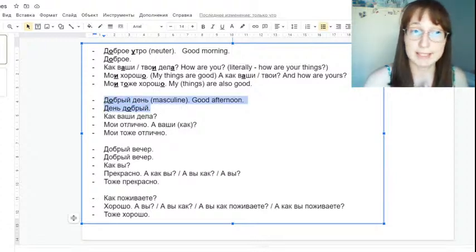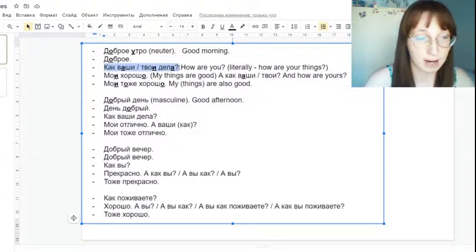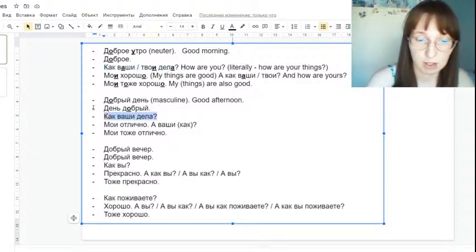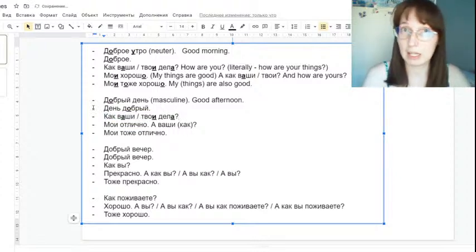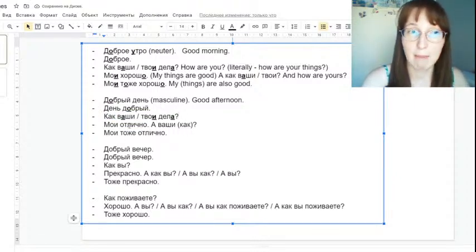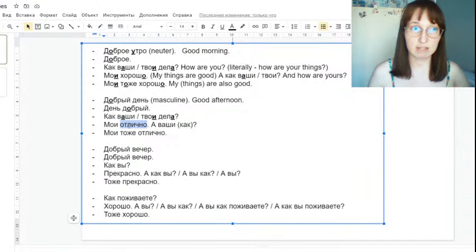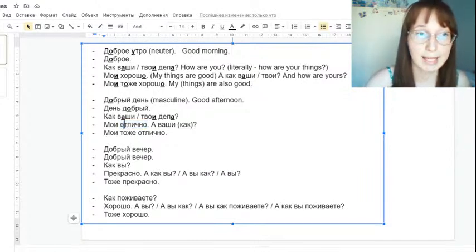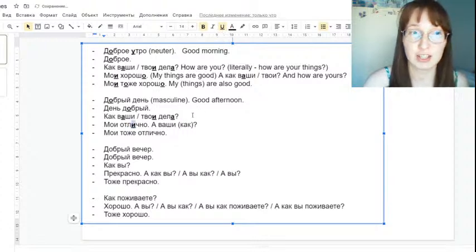So, добрый день, день добрый. The same question as here, как ваши дела, or как твои дела, formally, informally, but the answer is different. Мои отлично.